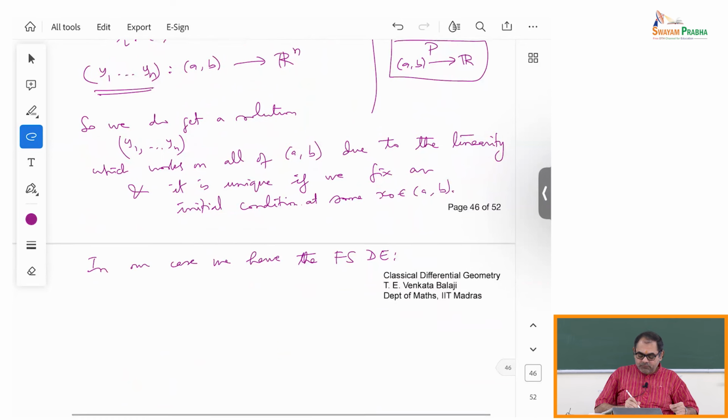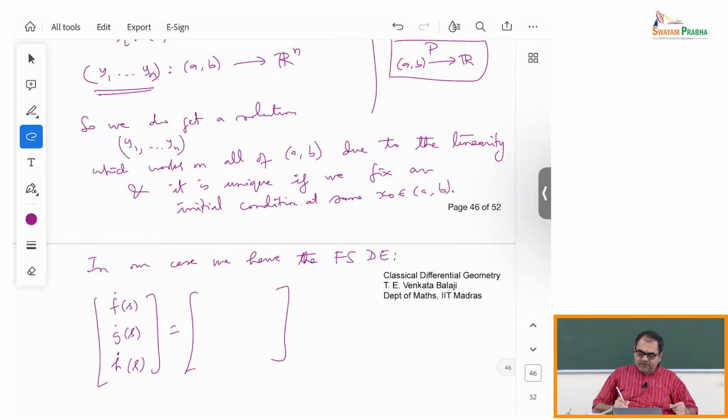You are trying to solve for f dot of s, g dot of s, h dot of s equal to the Frenet-Serret matrix, with phi of s, minus phi of s, psi of s, minus psi of s, and the rest of the terms all 0, times f of s, g of s, h of s.